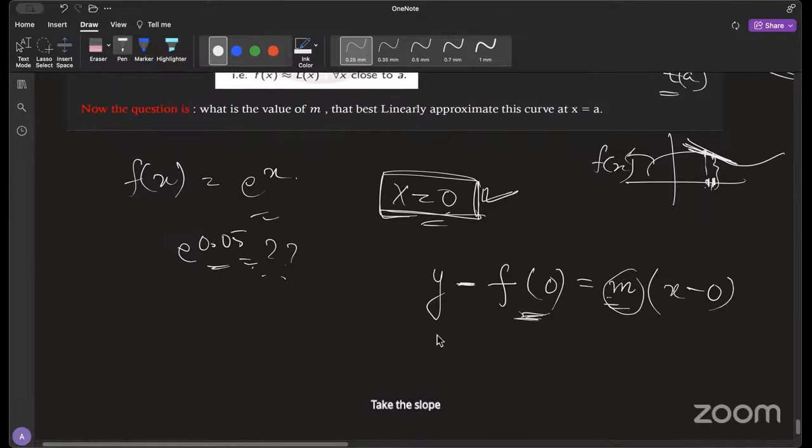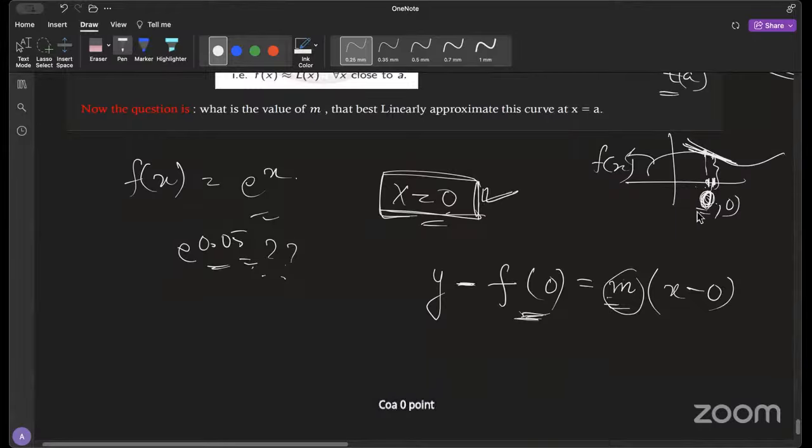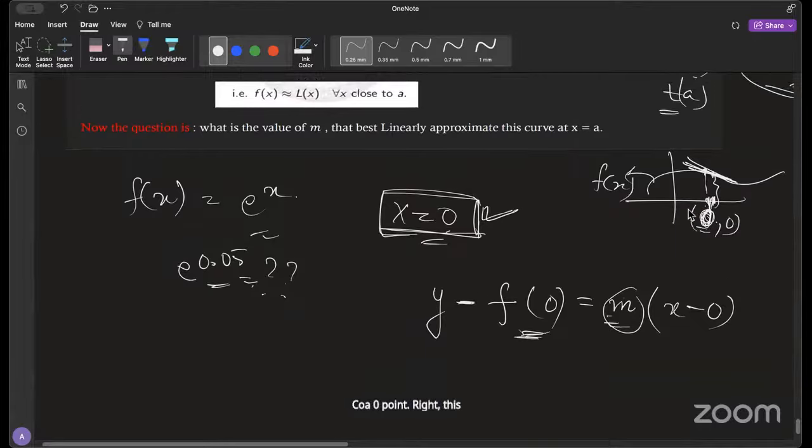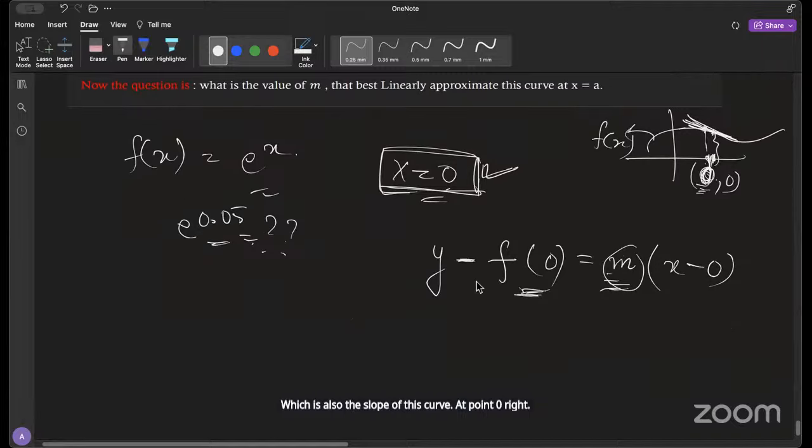And how do we find it? What's the slope? Okay, if this is the tangent line at 0, let's consider this point to be 0. I know this is not the 0 point, but let's consider it to be the (0, 0) point, right, this point. Then this m is the slope of this line, which is also the slope of this curve at point 0, right? So your curve is e to the power x.